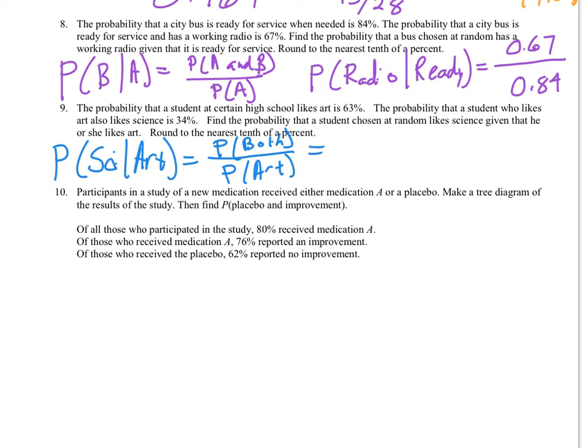The probability that they like both is 34%, or 0.34. Probability that they like art is 63%, or 0.63. Round to the nearest tenth of a percent again. Let's see. So that turns out to be about 54.0%. And again, the 0 is important. That shows that I did actually round to the nearest tenth for that one.